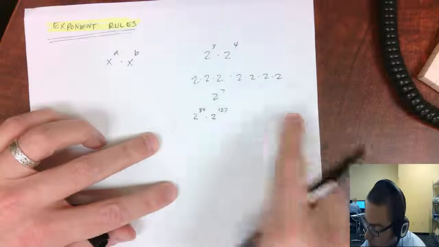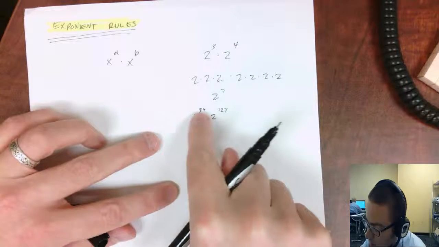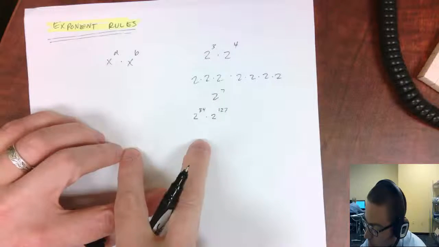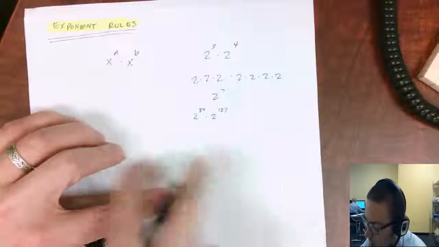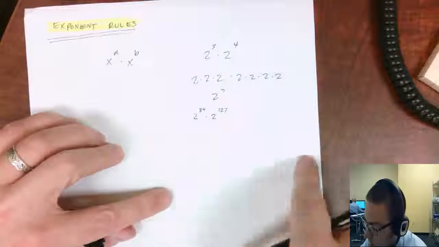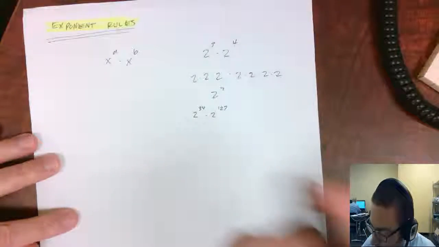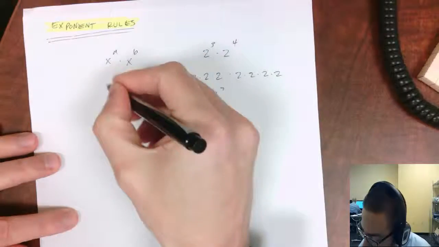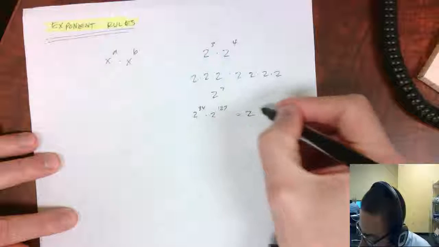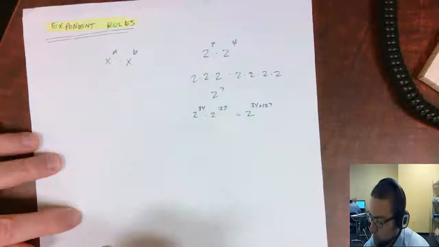So what really happens here is I just count 34, and then count on another 127. Repeatedly counting on is adding, right? So this would be 2 to the 34 plus 127 power.